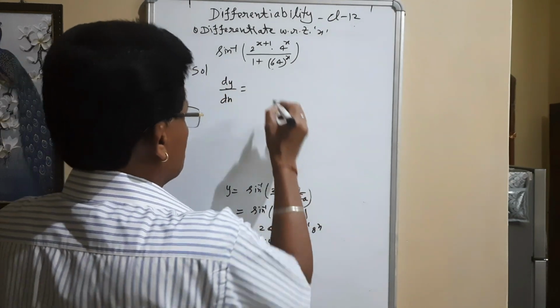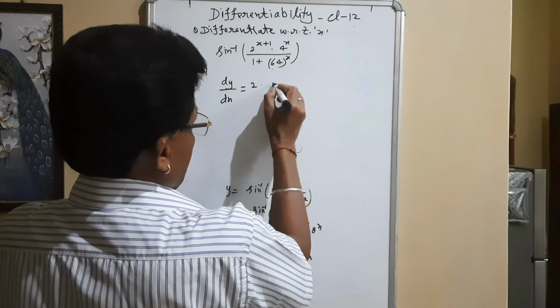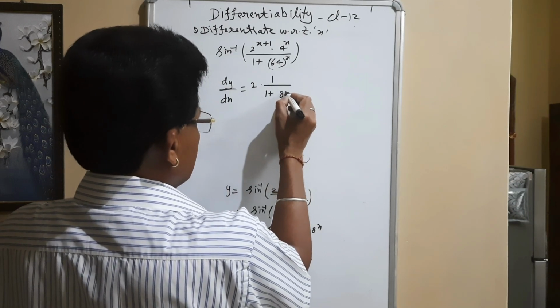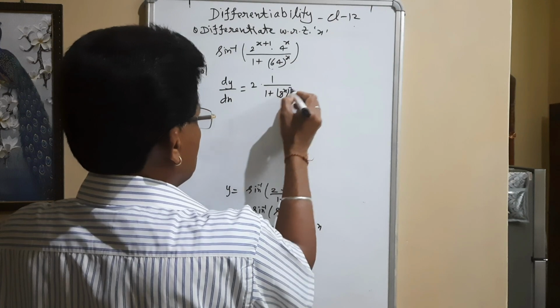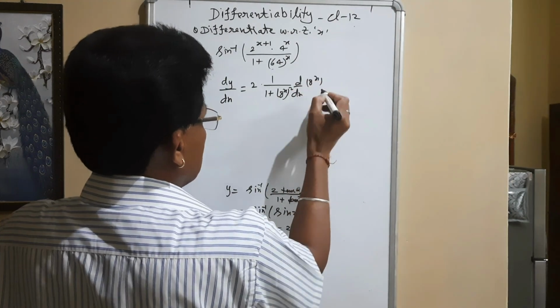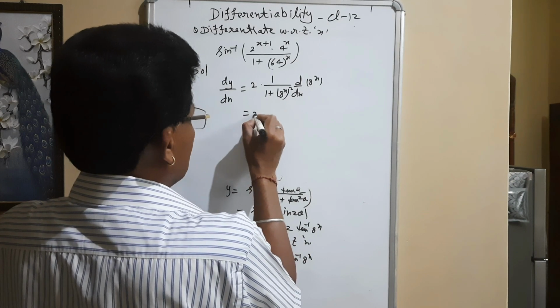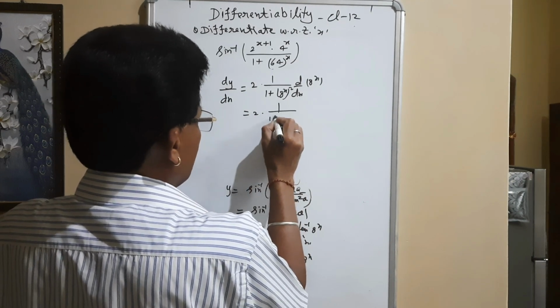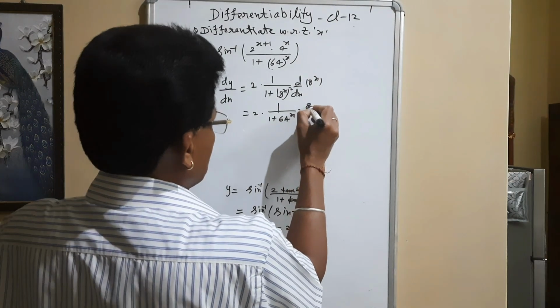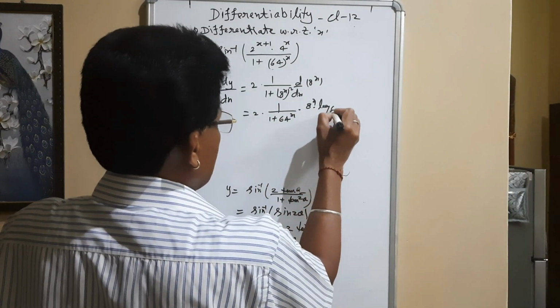dy upon dx will be equal to twice, my dear student, the formula of it, that is 1 plus x square, where x square means (8 to the power x) to the power 2. Once again you differentiate what? 8 to the power x. That is 2 over 1 plus 64 to the power x into 8 to the power x into log 8.